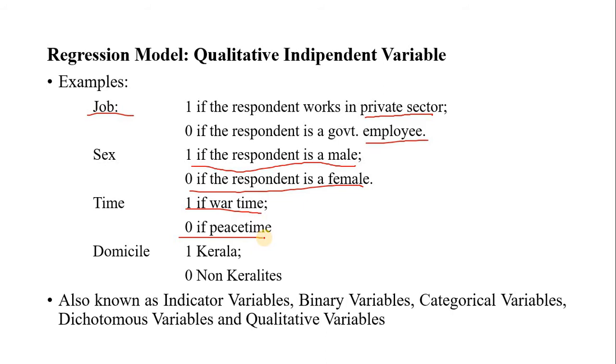A variable that can be categorized into two or more categories can be assigned a dummy variable. The dummy variable technique is also known as the indicator variable technique, binary variable technique, categorical variable technique, dichotomous technique, or qualitative variable technique. The dummy variable is known as an indicator, binary, categorical, dichotomous, qualitative, or nominal scale variable.